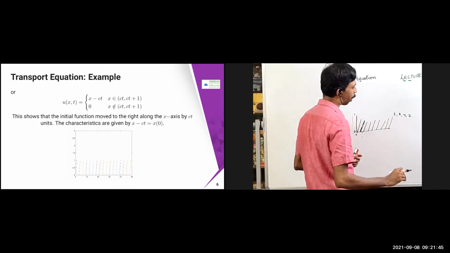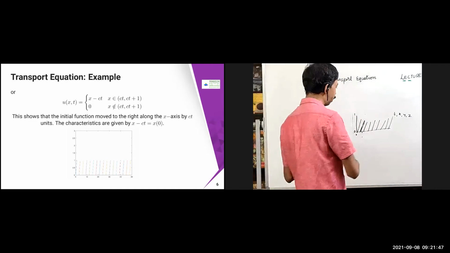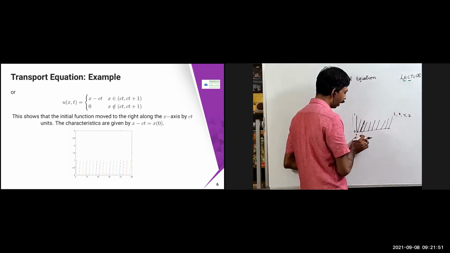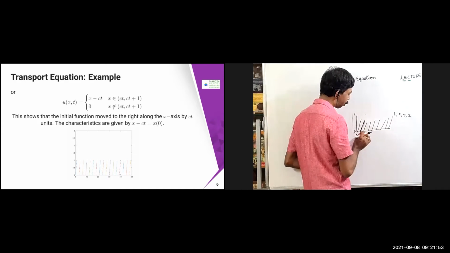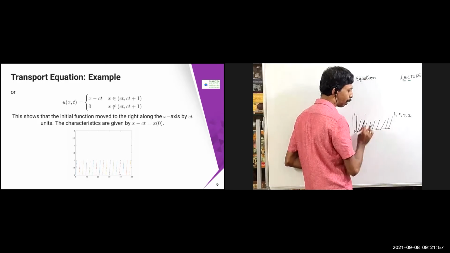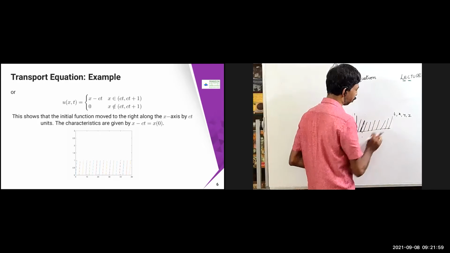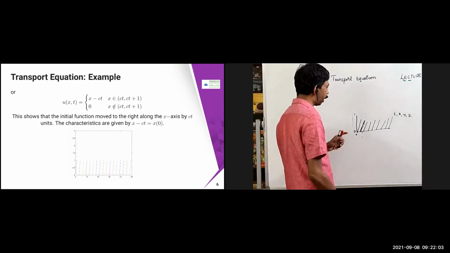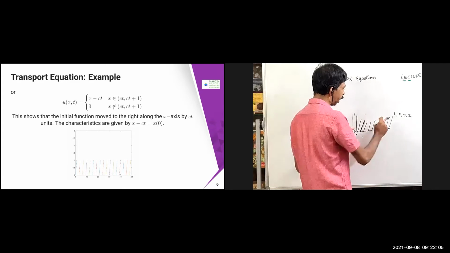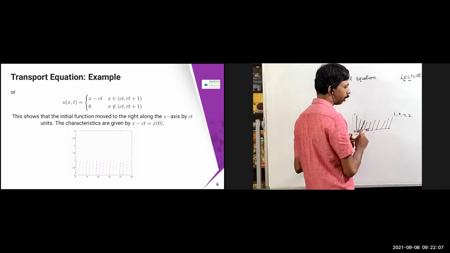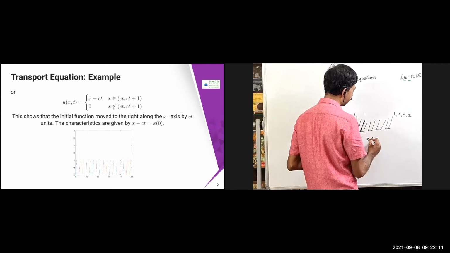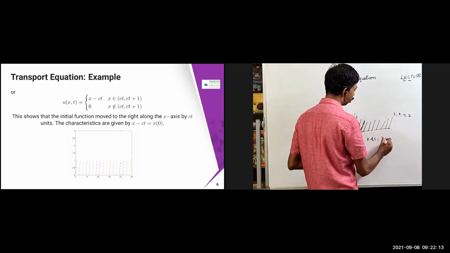I'm just giving some of the curves. At every time step, you can see how it moves, from, let us say, 1 to 2, 2 to 1, 3 to 1, etc. But the graph is going to be almost the same. All these characteristic equations for this equation are given by x minus ct equal to x of 0.